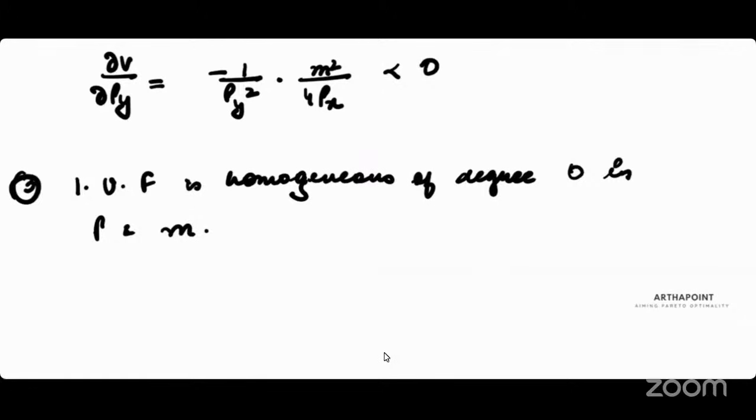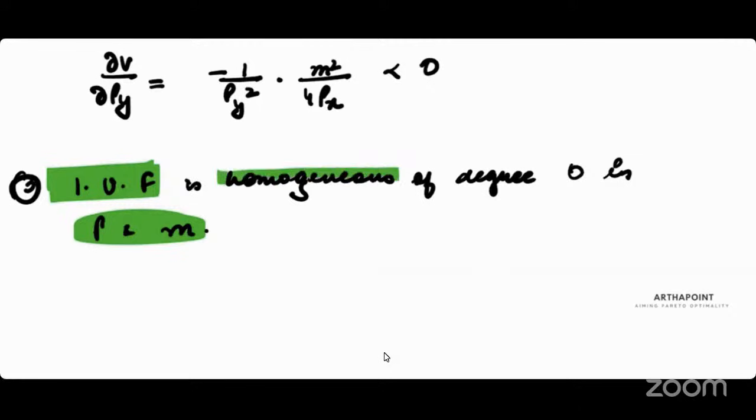Homogeneity means, when you double your income and your prices, because I'm saying in M and P, what happens to your utility function? Now, it's not always that you have to double. You can triple also. You can multiply by any scalar.